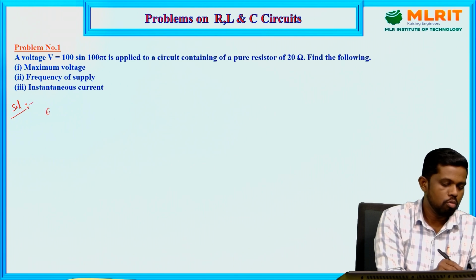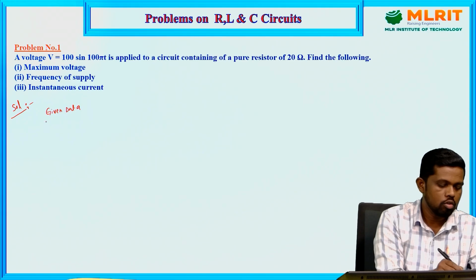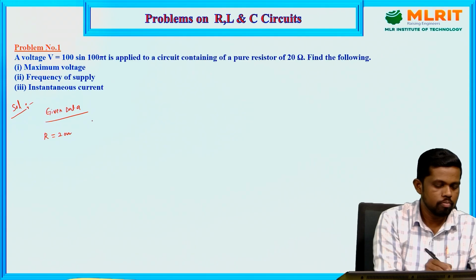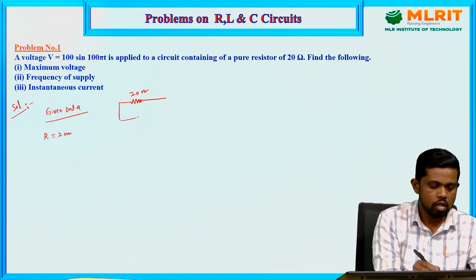For every theoretical numerical, we need to write the given data. The resistance of the network is given as 20 ohms, so this is a pure resistor network. The supply is an alternating voltage, V equals 100 sin 100 pi t.